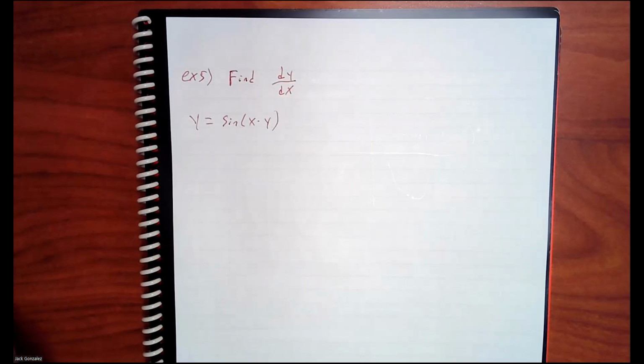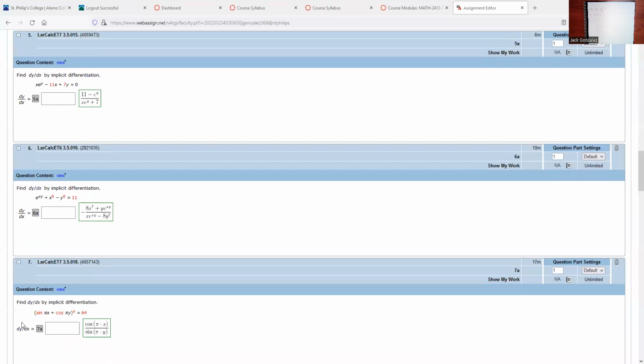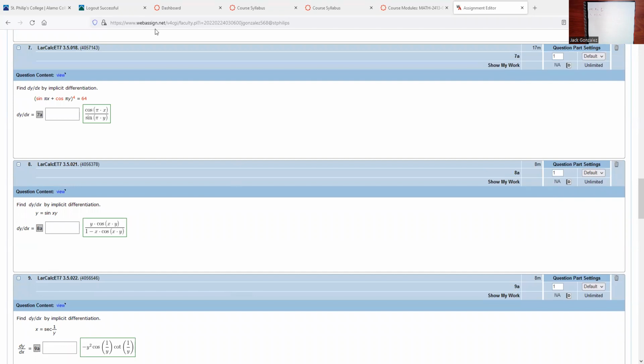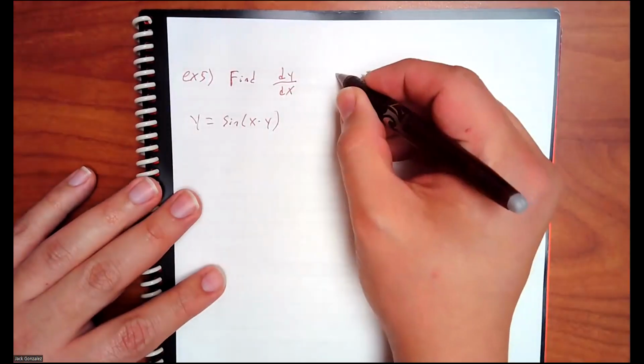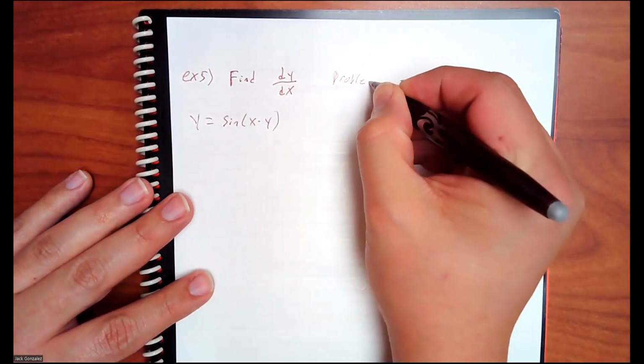Is there a particular number for this one on homework? I think I might have made this one up. It's number 8. Let me check that. Oh, yeah, it is. Cool. All right, let me write that down.